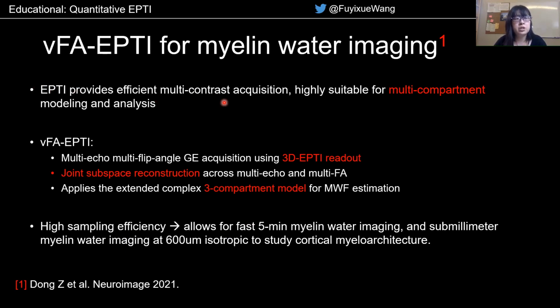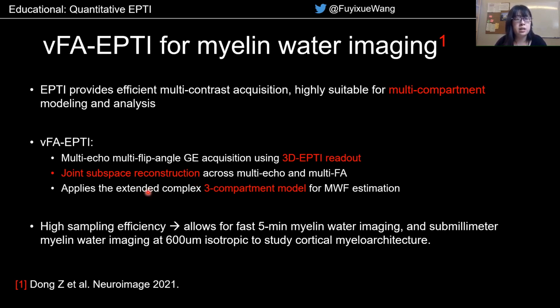And here specifically, VFA-EPTI was developed to acquire multi-echo, multi-flip-angle gradient echo acquisition using the 3D EPTI readout. And a joint subspace reconstruction that incorporates a multi-compartment signal model was used to reconstruct the data across the multi-echo and multi-flip-angle.